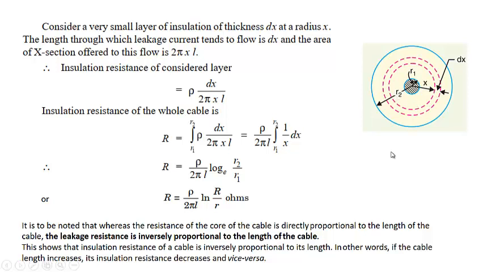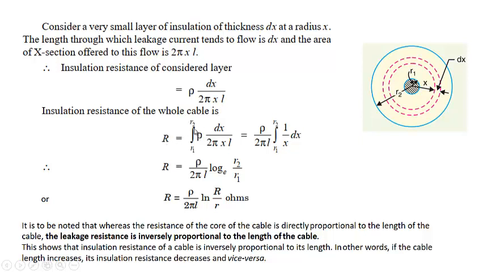This area is the curved surface area of the cylinder, that is 2 pi the radius of the cylinder multiplied by the length of the cylinder. The radius of the cylinder is x, and the length of the cylinder or the conductor is L, that is equal to 2 pi x into L.